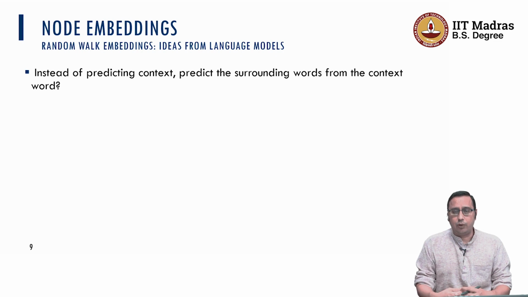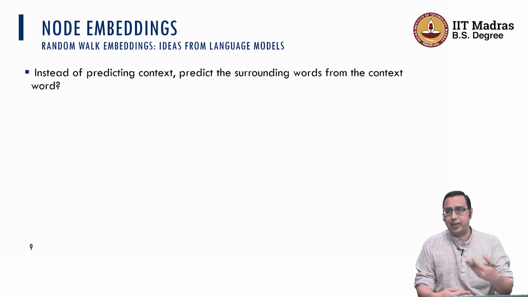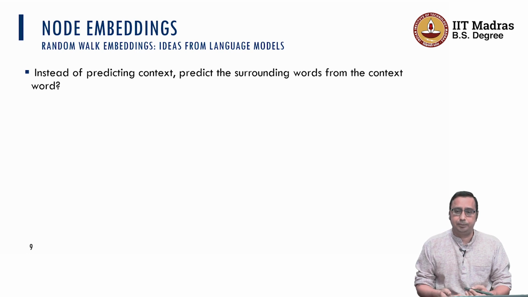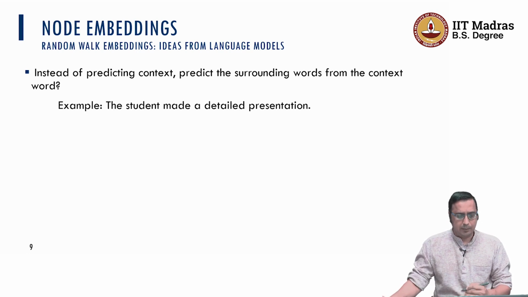Another question we can also look at is, instead of predicting the next word, can I try to predict the surrounding words from the context word? Let me explain this. For this example, the student made a detailed presentation.